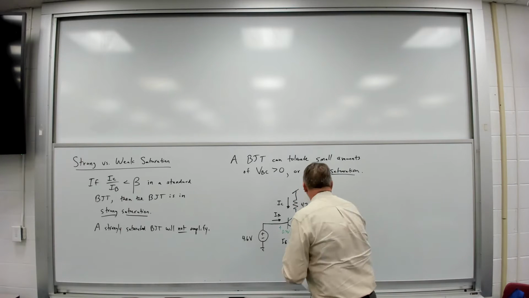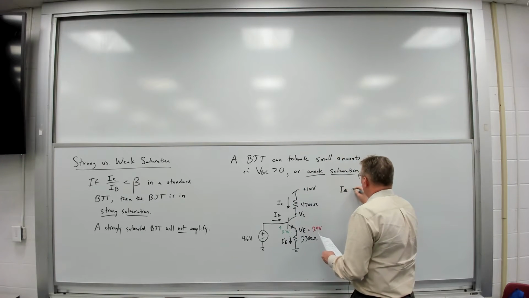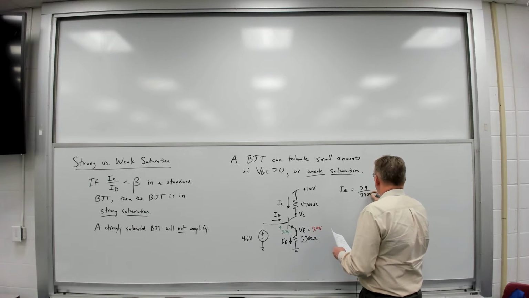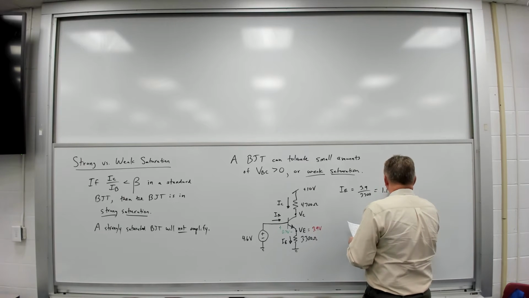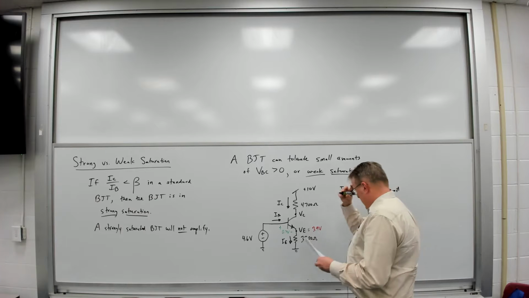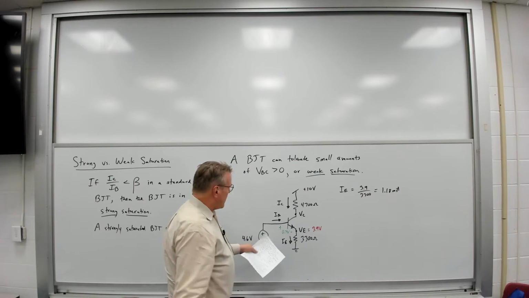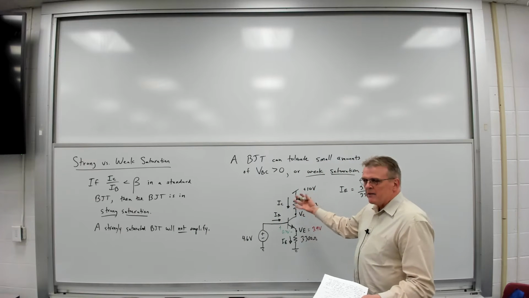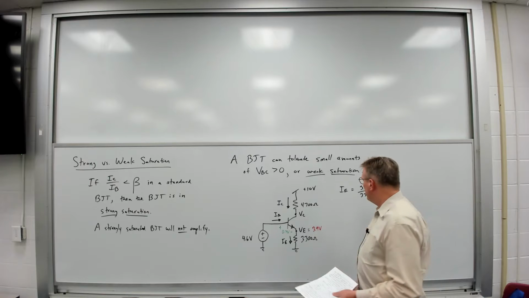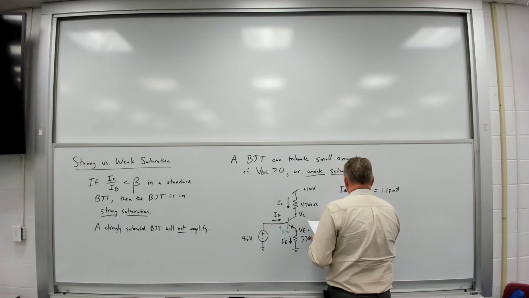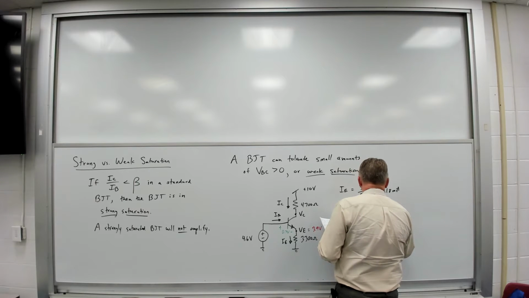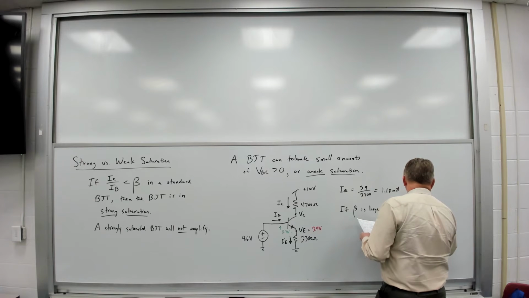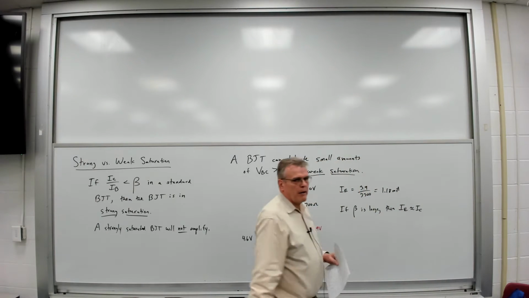So in that case, IE will just be equal to 3.9 divided by 3,300, and that will be equal to 1.18 milliamps. And if we assume IC and IE are large, once again I'm assuming that the beta is going to be big, like 100, some large value, then as we talked about before, we can say that IC and IE are going to be approximately equal to each other.